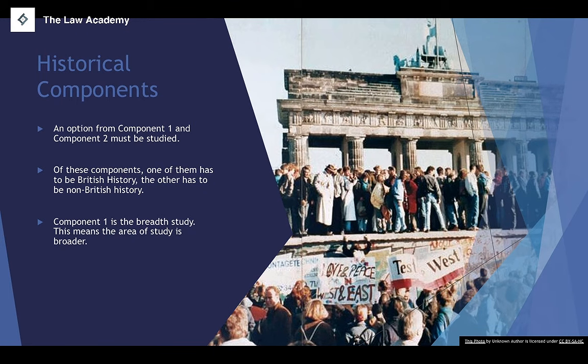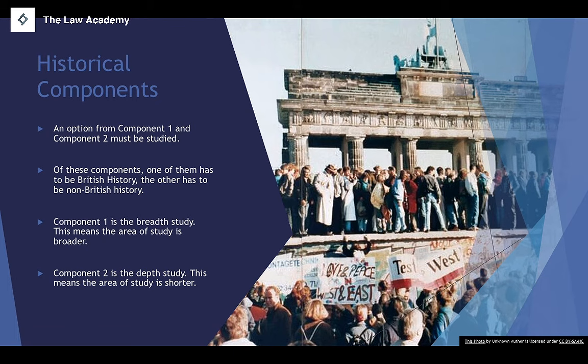Component 1 is what we would describe as the breadth study, and this means that there is a broader area of study, and when we go through the components on each of the modules, each of the subjects that you could study, you will notice that the time periods of history that you're studying in component 1 differ significantly from that of component 2. And this is because component 2 is the depth study.